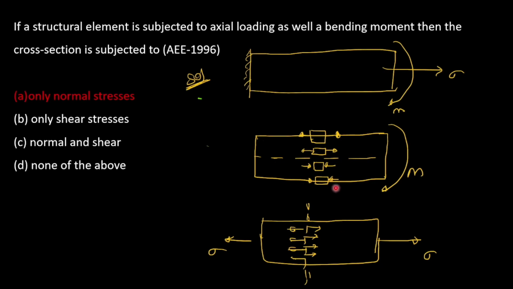So we see that there is no shear in this. In the axial stress also we are getting only normal stresses. So the resultant of these two will also be only normal. There will be no shear. So option A is the correct answer.